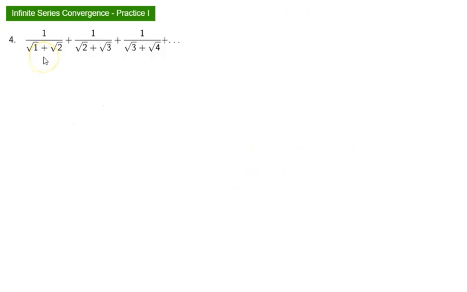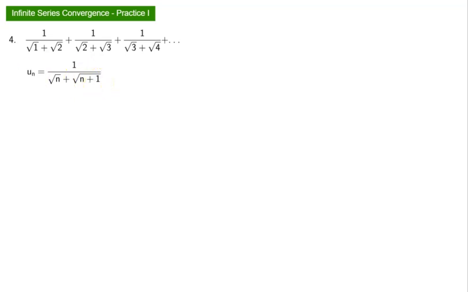Now let's look at the series 1 by root 1 plus root 2 plus 1 by root 2 plus root 3 plus 1 by root 3 plus root 4 and so on. How do we tackle this? First step, nth term. So U sub n is equal to 1 by root n plus root n plus 1.